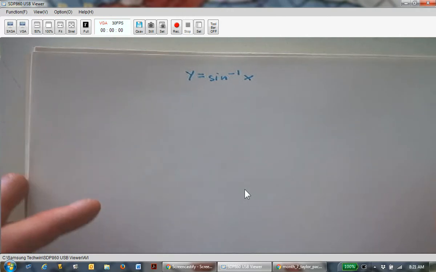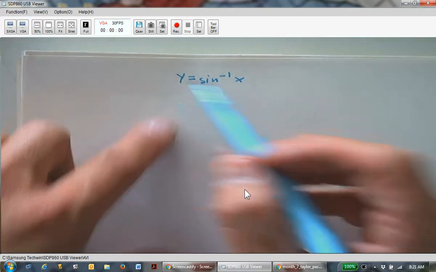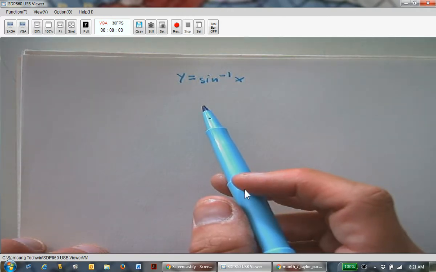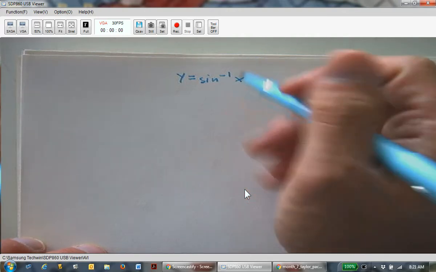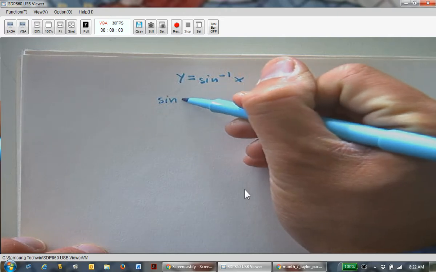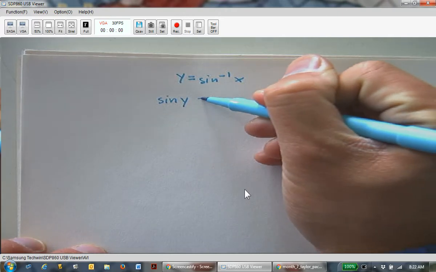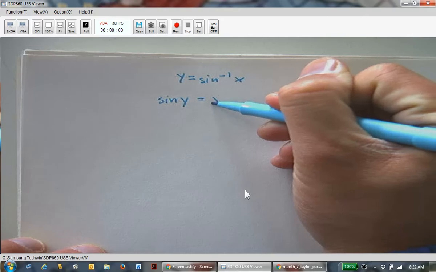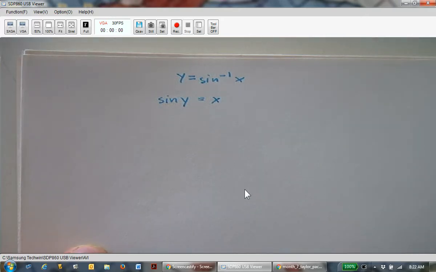So here, if I wanted to find the inverse function relationship for this, then what I would do is I would have sine of y is equal to x. And the whole point of this was to find the derivative of the inverse function.